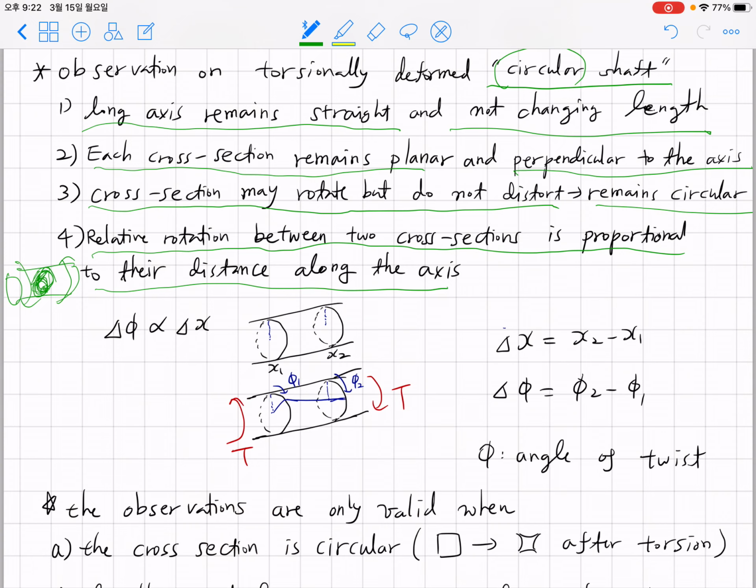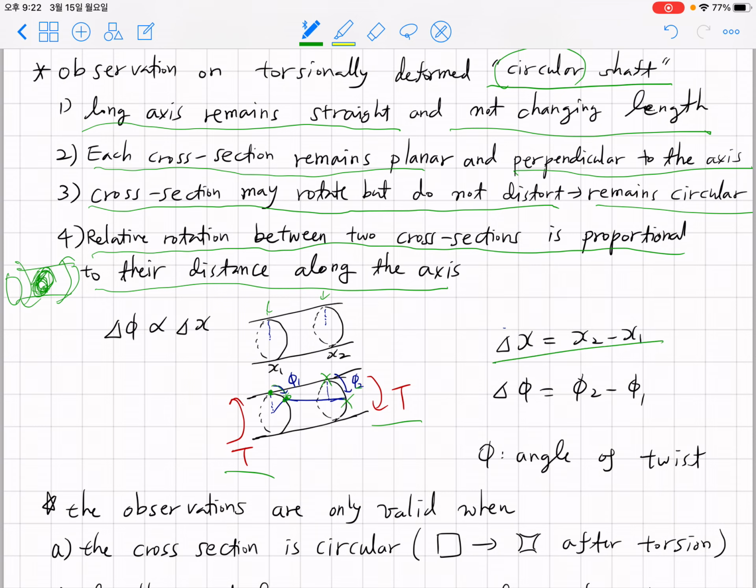Suppose you take an x1 position here and an x2 position here, and after you exert torsion on this circular shaft, the original point moves to here, and the originally located point here will move to here. You call this the twist angle phi 1, and here twist angle phi 2.